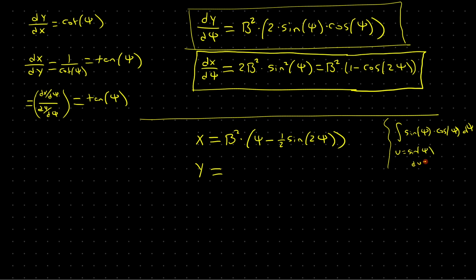So du is going to be equal to cosine of psi d psi, and this is going to be equal to u squared over 2 plus some constant of integration. And u here is the function sine, so it's sine squared of psi over 2 plus this constant of integration.